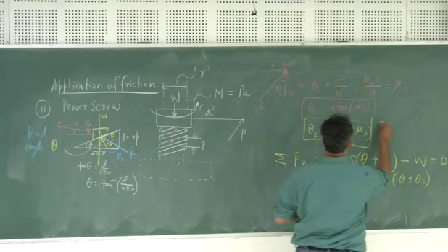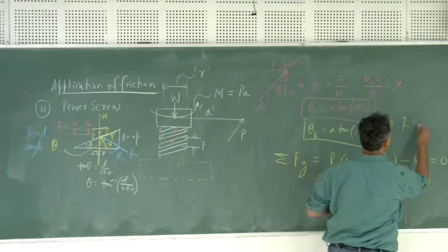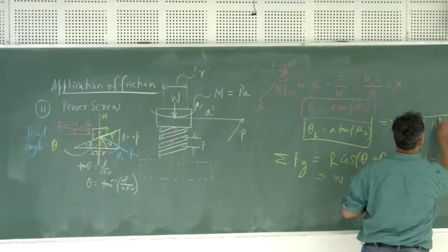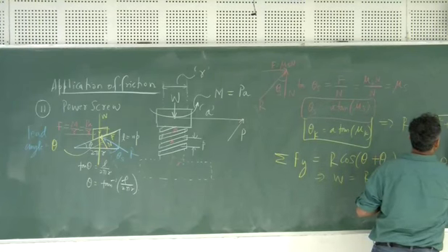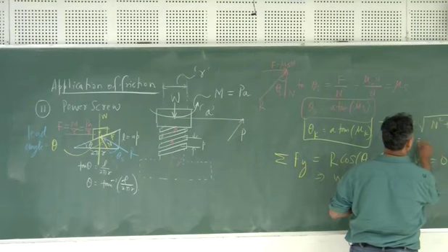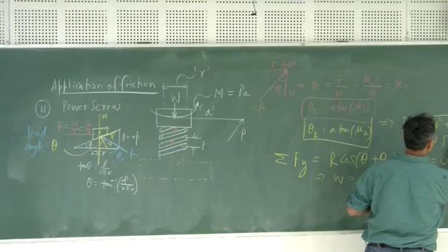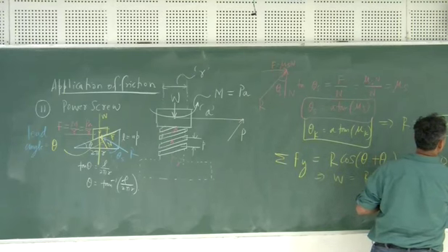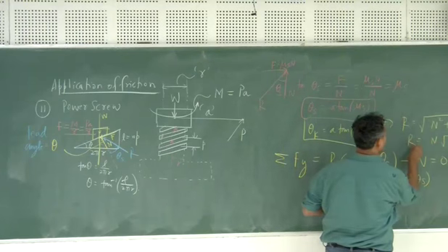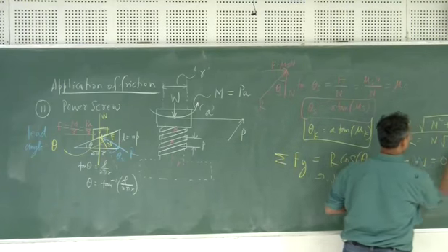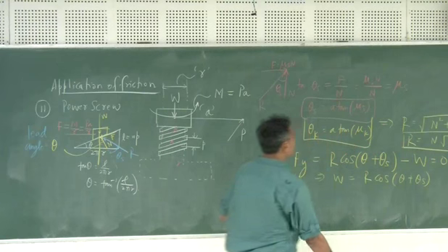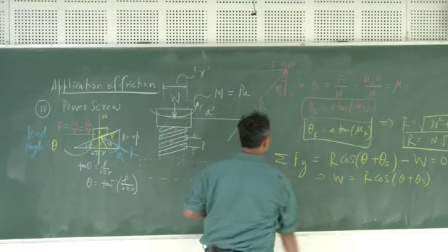By the way, what is R? R is nothing but the square root of N squared plus mu s N squared, so it means that this is N times the square root of 1 plus mu s squared. The resultant is this. So this way you can get this relation.